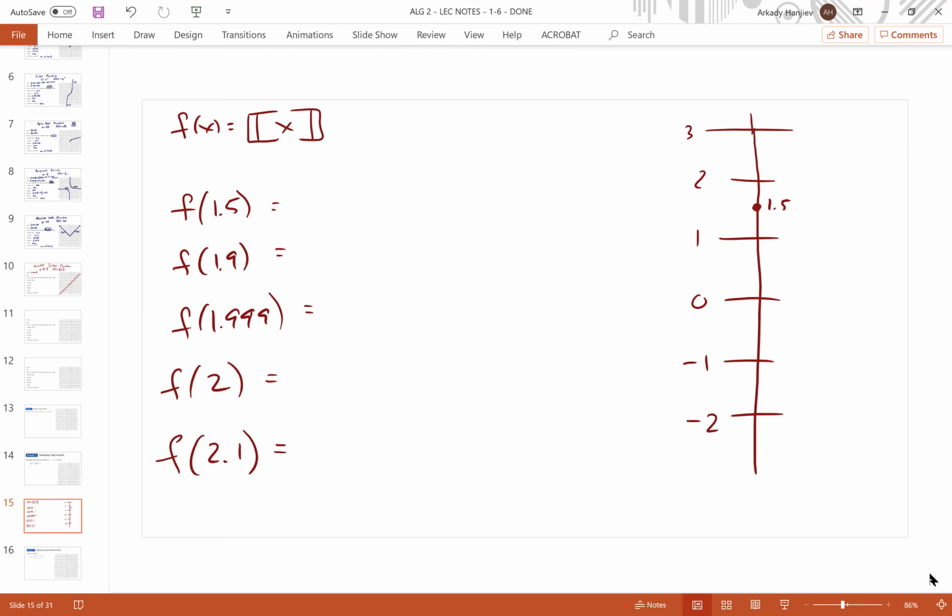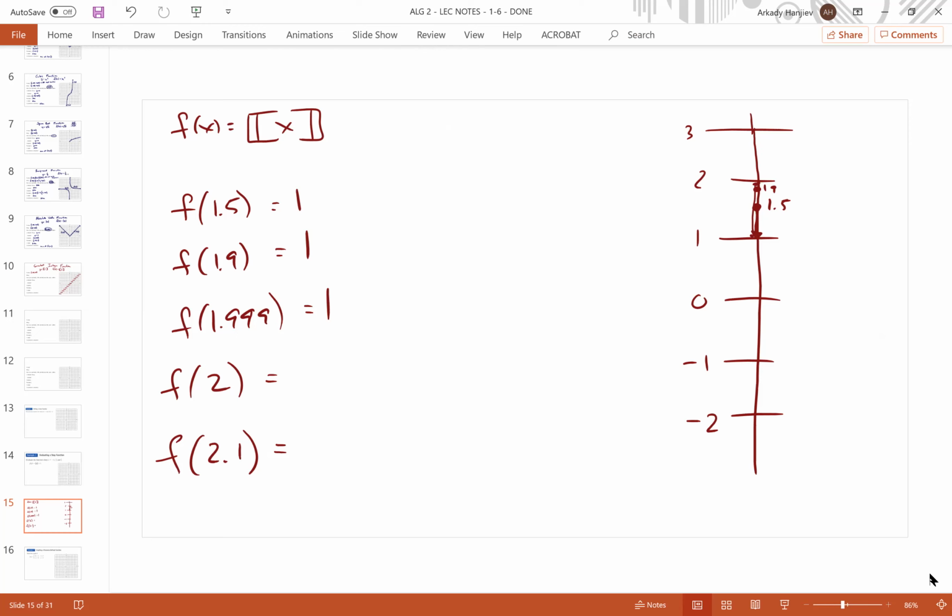It's 1. Yeah, because in a sense it droops, it falls back down to that little guy right there. So if you said 1.9, still 1. Absolutely. 1.999, still 1. You guys get it here. Boom. It still drops down to 1.